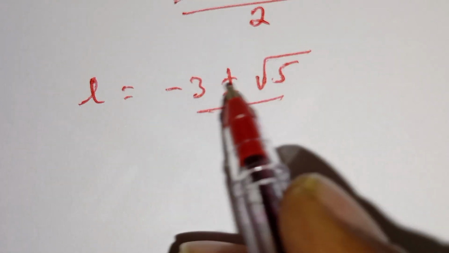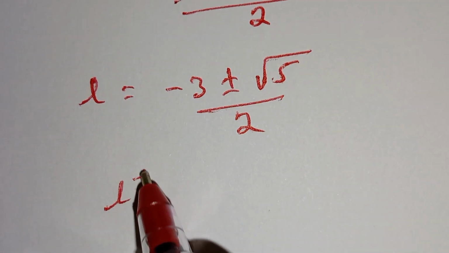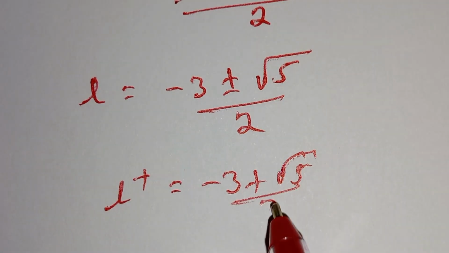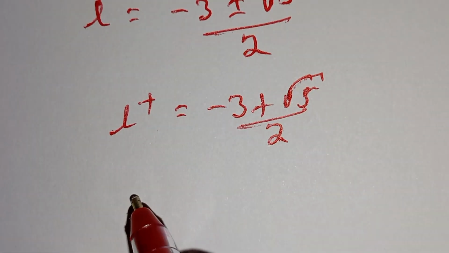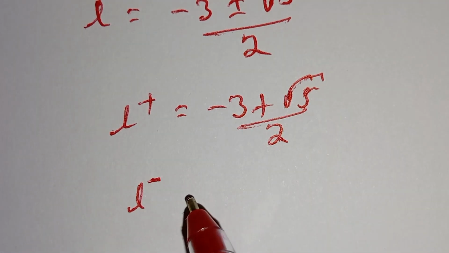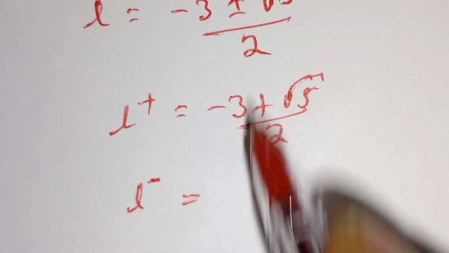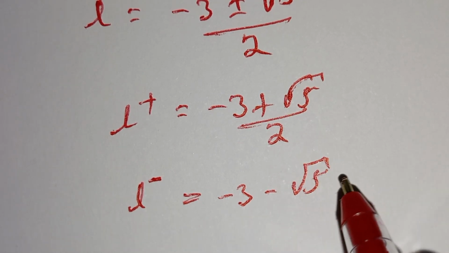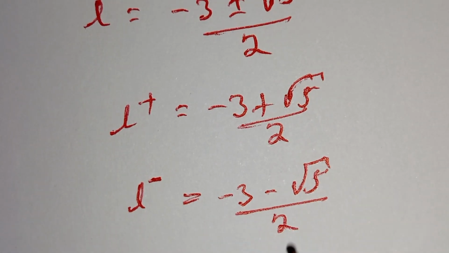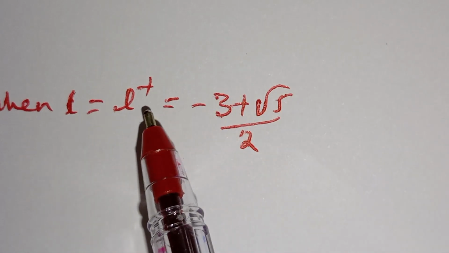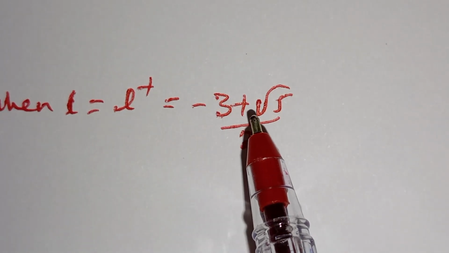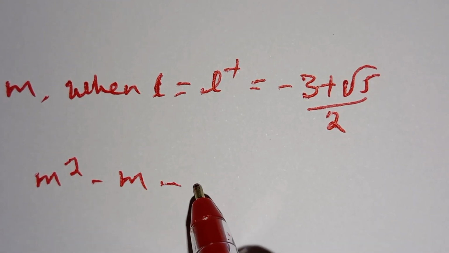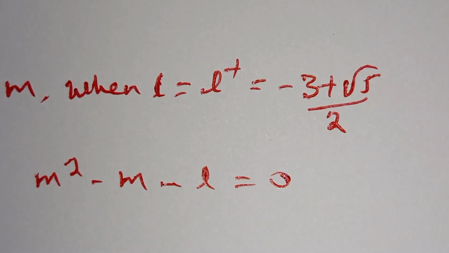So L plus is equal to minus 3 plus root 5 over 2, and L minus is minus 3 minus root 5 over 2. When L plus is equal to minus 3 plus root 5 over 2, m squared minus m minus L is equal to 0.